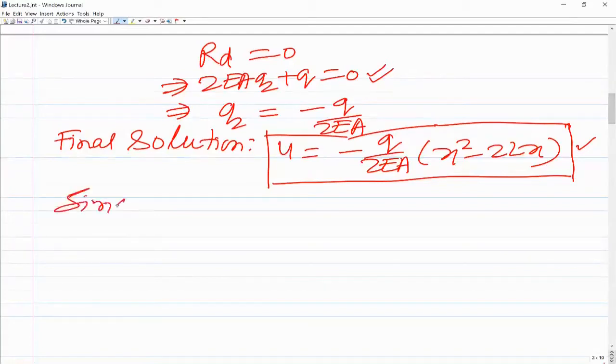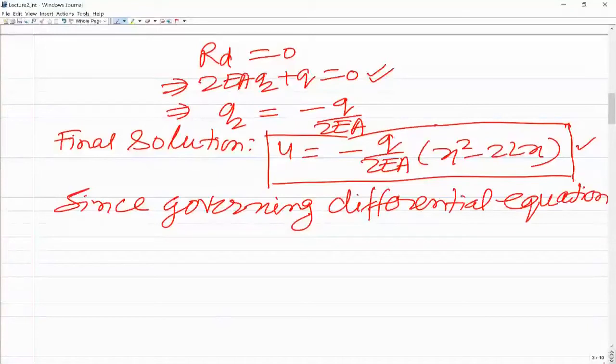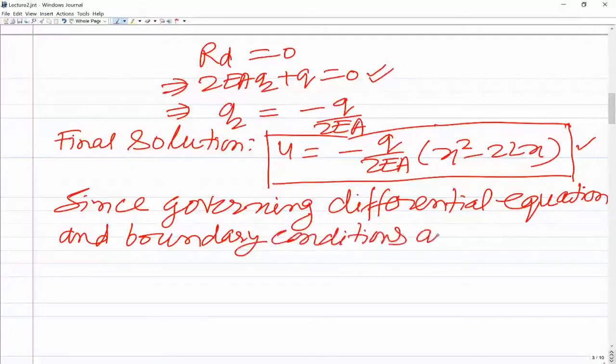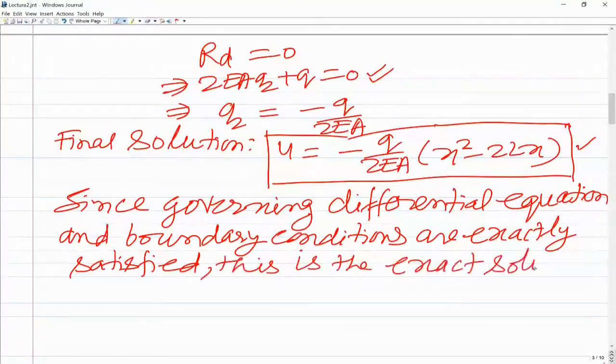So we can say that since the governing differential equation and boundary conditions are exactly satisfied, this is the exact solution of the given problem.